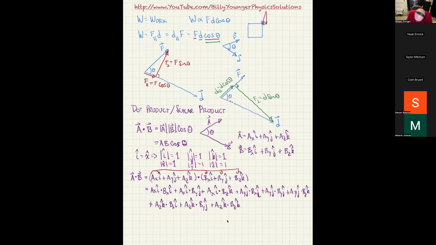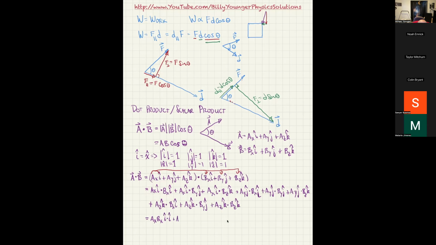I'm going to go ahead and take the fact that this dot product is a linear operation, and what that means is in this first term, notice this first term has an ax, an i hat, a dot, a bx, and an i hat. The linearity means I can pull the scalars out in front, and I'll just have ax bx, and then I'm just left with the dot product i hat dot i hat. Now I can do that with the second term.